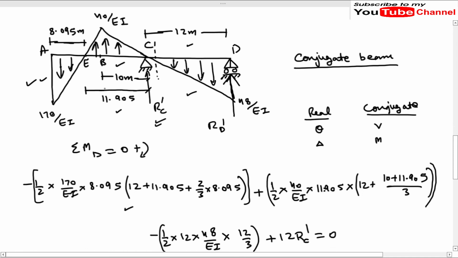Now we are considering the portion just right of C. Now we will have three types of loading. First due to this triangle, the other one due to this triangle, and the other load will be due to this reaction RC dash.